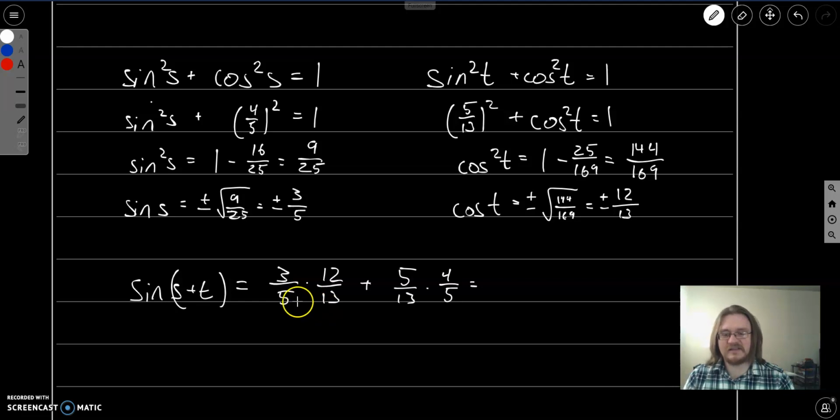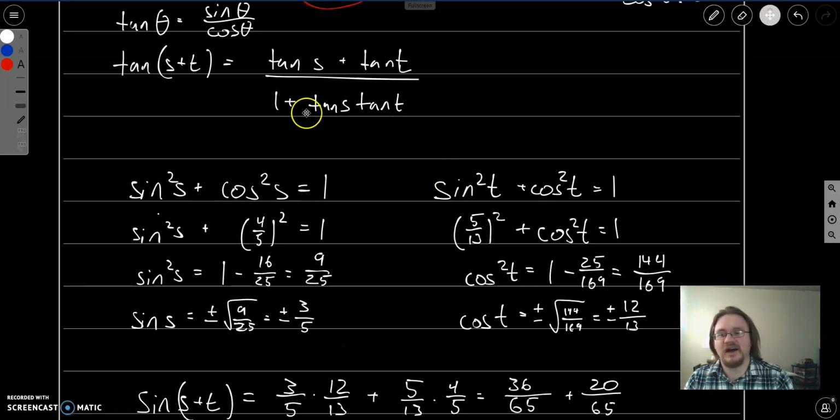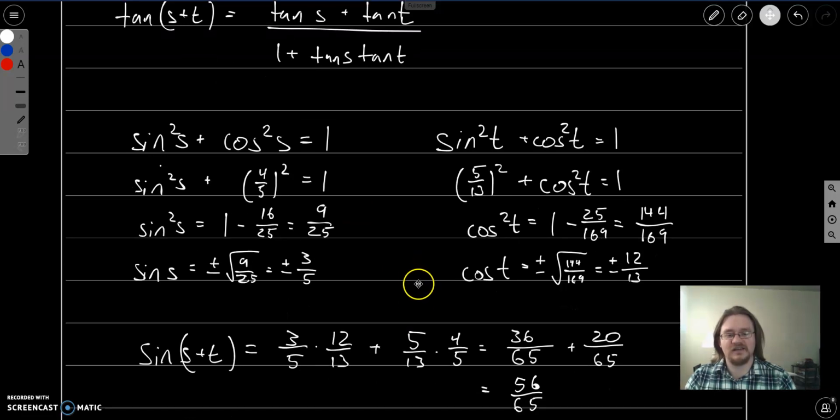And then multiplying all these together, 5 times 13 should be 65. 3 times 12 is 36. 5 times 4 is 20. And then over 65. So everything simplifies, and this is going to be 56 over 65. Fairly straightforward. And I will plug and chug the tangent in the next video.